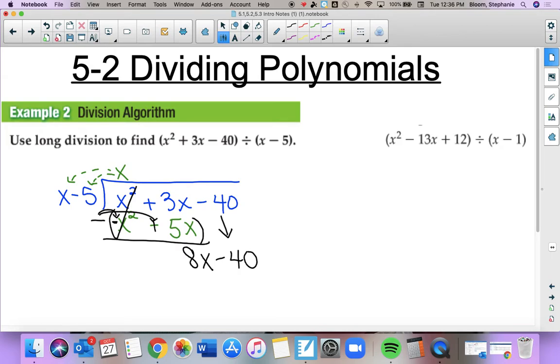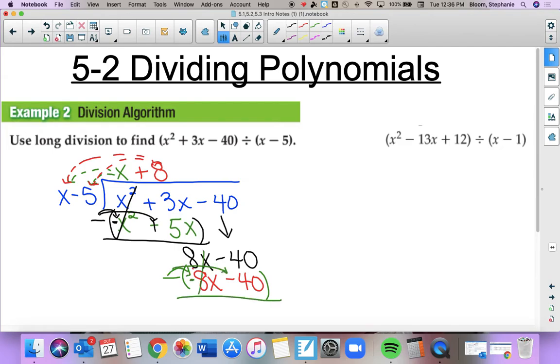Now x times what equals 8x? 8. Then I'm going to take that 8 and multiply it through to both, which is 8x minus 40. Then I'm going to subtract it off, taking it through.